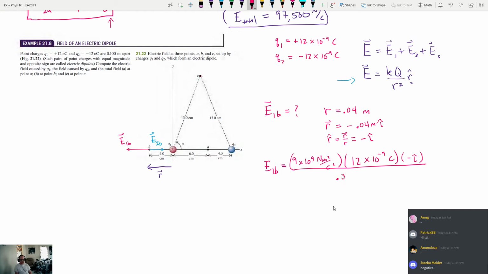What did you all get when you did this calculation? Did you get like negative 67,000? Yes, you did. Negative 67,500 newtons per coulomb times i hat.